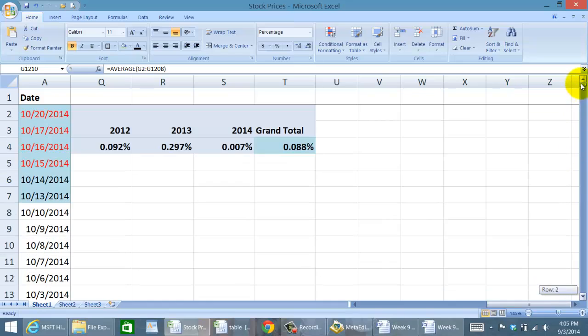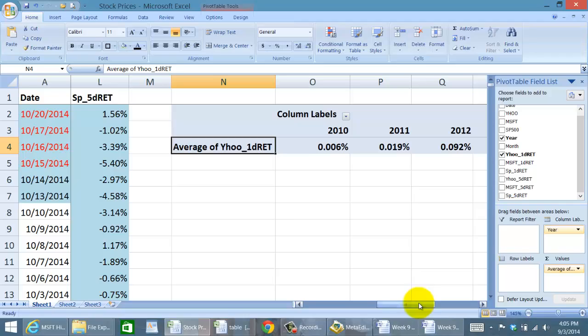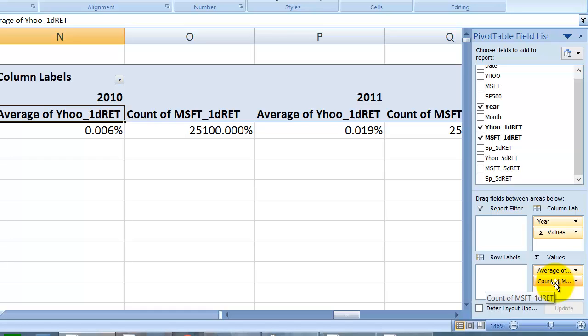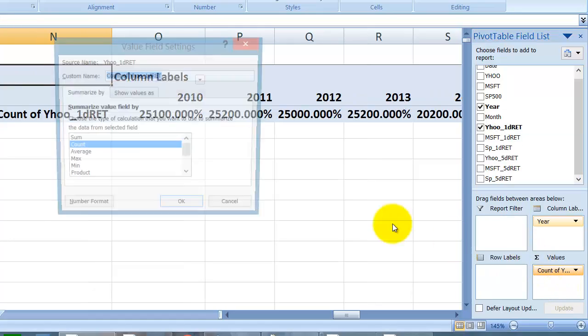Okay. Now, you can stack returns together. It means below Yahoo, you put Microsoft. Okay. Sorry, what I'm doing. I drop it in the wrong place. So let me put Yahoo here.